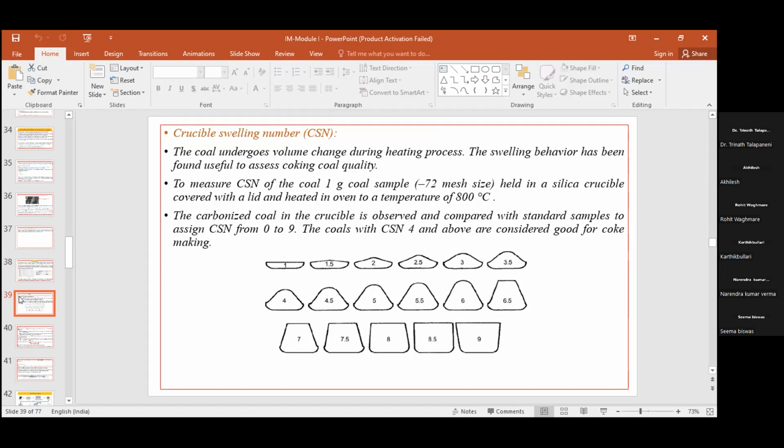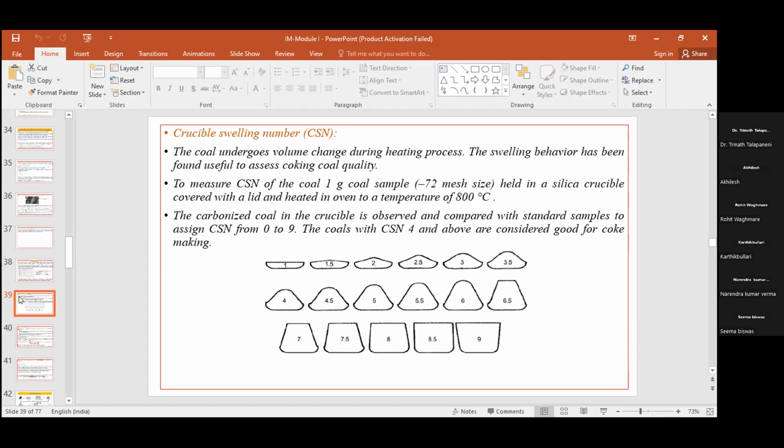That we quantify based upon the CSN values, coal swelling number or crucible swelling number. At a laboratory scale, this can also be done.